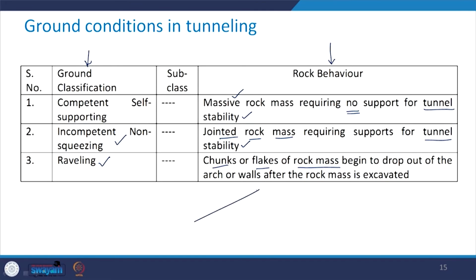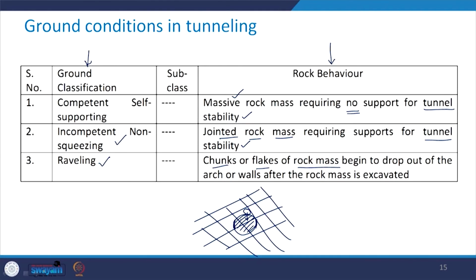So let us say that you have a rock mass with some kind of joints or discontinuities, and then you excavate like this. This is what has been excavated. Now there can be a few blocks which are loose, either in the roof part or here at the side, which may either fall or slide along the tunnel wall.